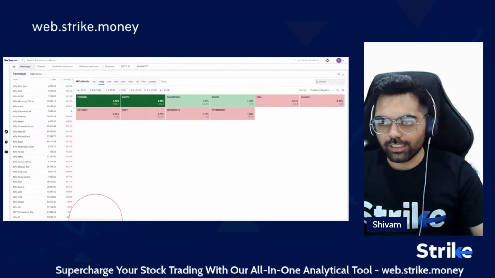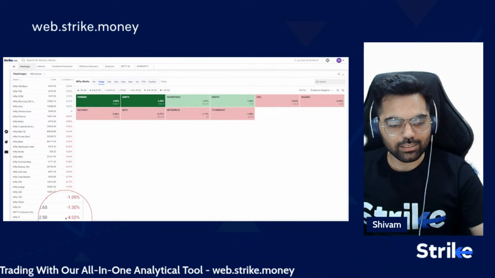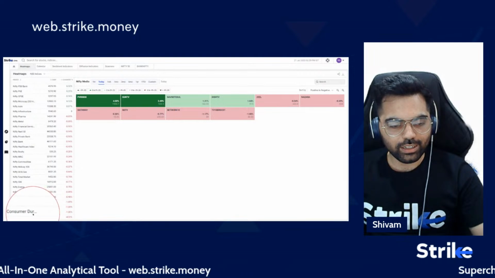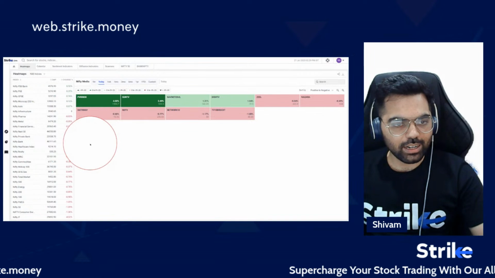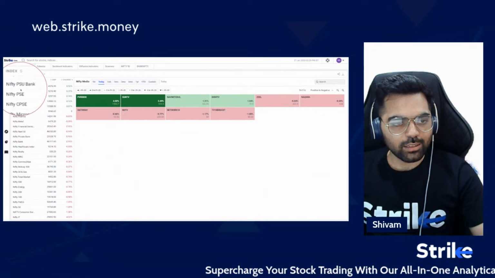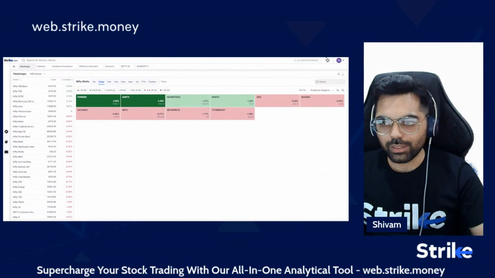As we discussed, Nifty IT is at the bottom, the weakest index, down by 4%. After that, Nifty Consumer Durables is down by 1.3%. The positive sectors are Nifty PSU Bank as well as Nifty PSE.